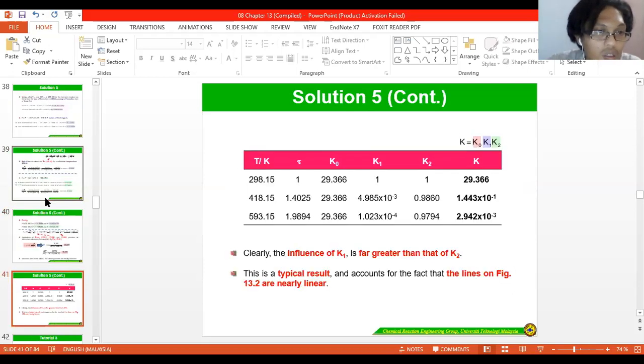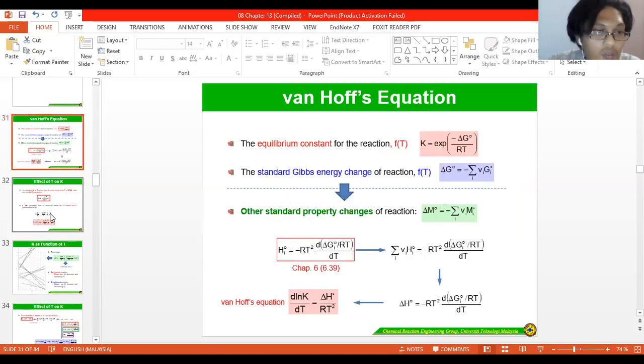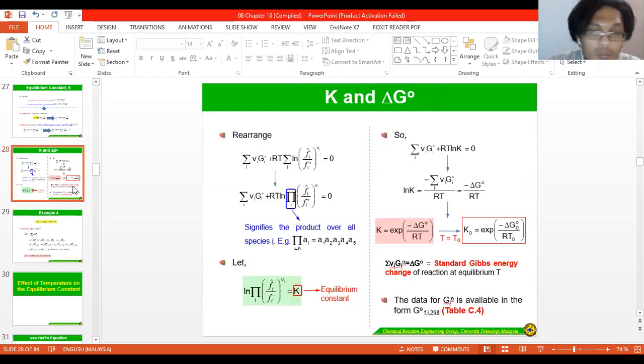Can you use, let's see, because we want to calculate delta G naught, right? 298. Delta G naught at 298. What's the temperature? I can't enter the temperature. So delta G naught at the standard.